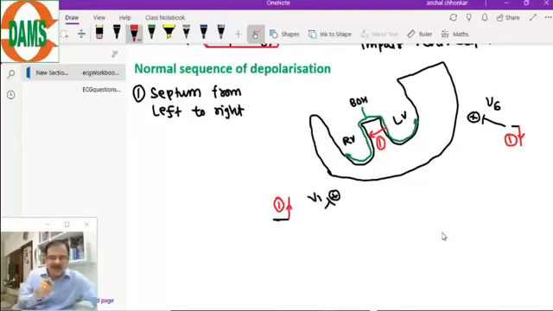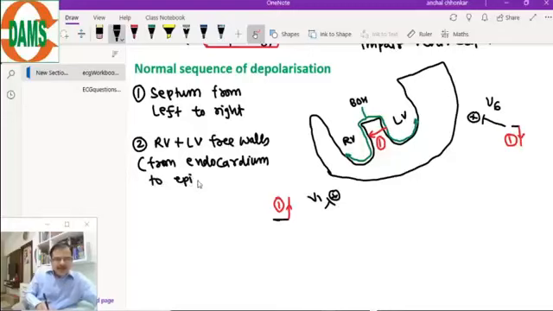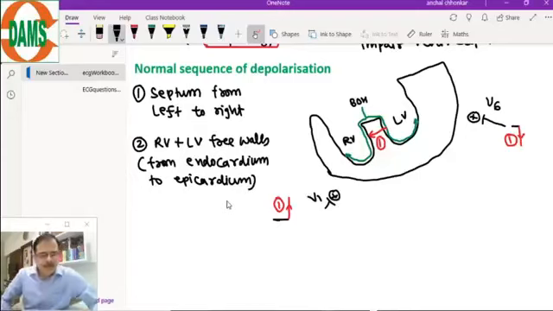Now coming to the next part to get depolarized. The next part to depolarize is number 2: right ventricle plus left ventricle free walls, from endocardium to epicardium. This we have discussed yesterday.